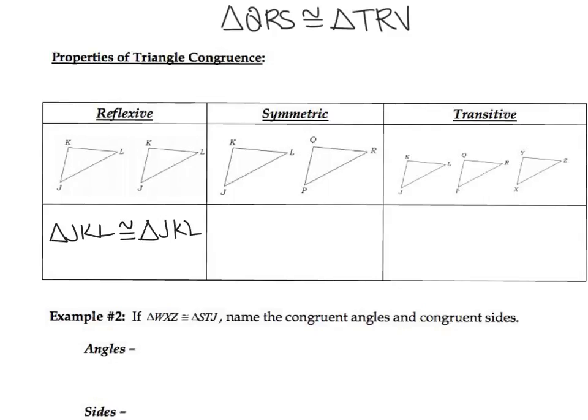We have symmetric. That would be if triangle JKL is congruent to triangle PQR, then triangle PQR is congruent to triangle JKL. It doesn't matter which triangle you list first as long as the corresponding parts match up.